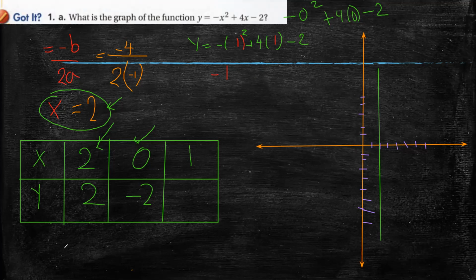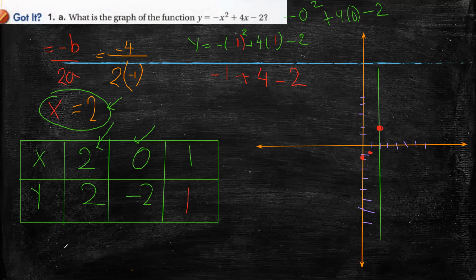That's why it's negative 1. Plus 4 minus 2. Negative 1 plus 4 is 3, minus 2 is 1. So now I have my 3 points: 2, 2; 0, negative 2; and 1, 1. Now let's plot them on the graph: 2, 2; 0, negative 2; and 1, 1.